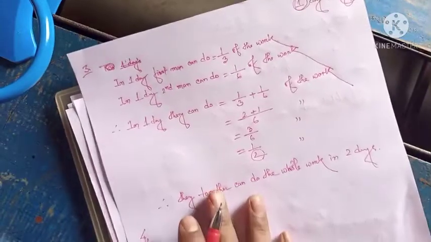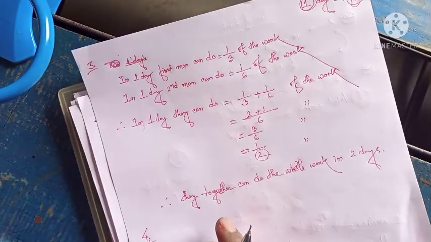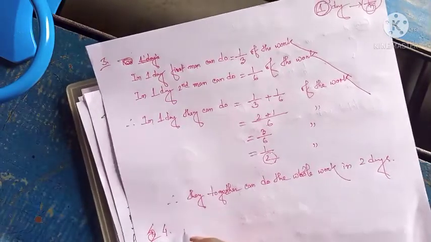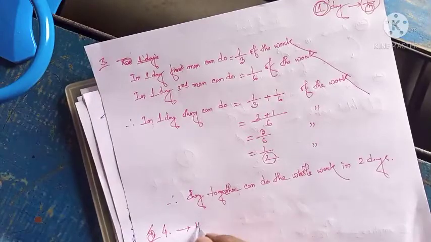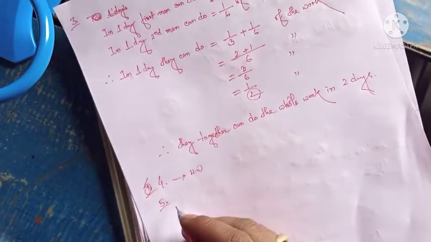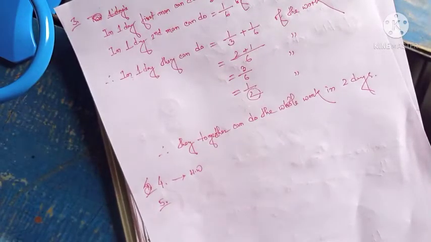Homework, question number 5. What is the question? 5 number, A and B together. Okay, I also show the question.